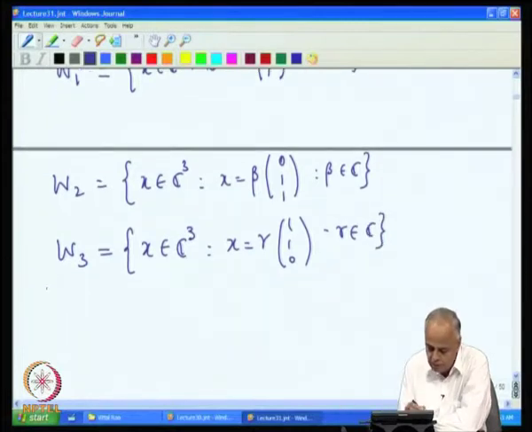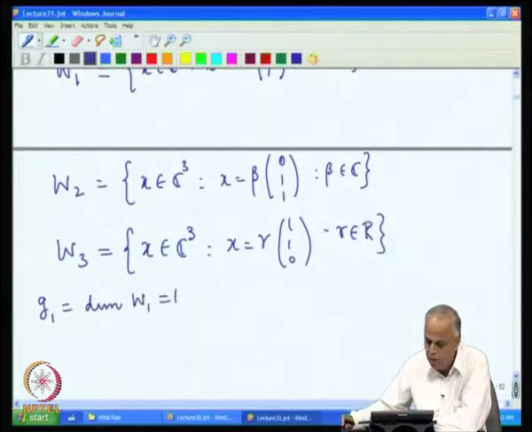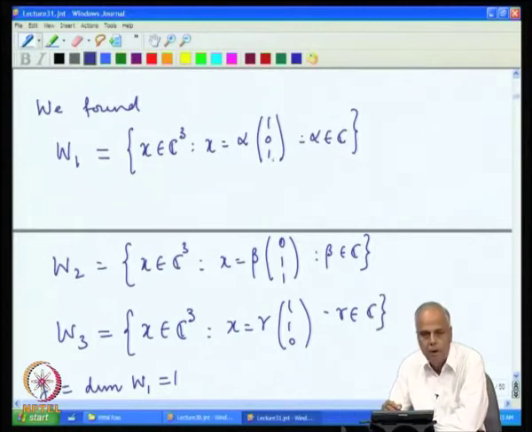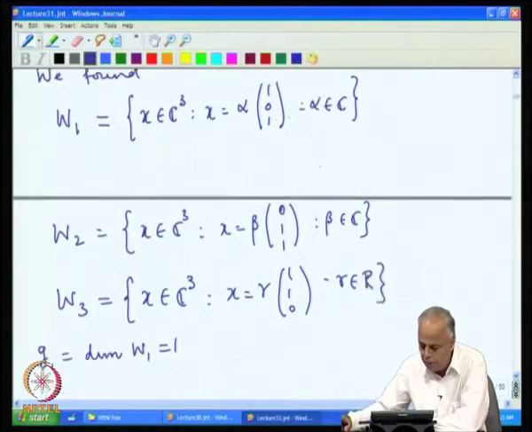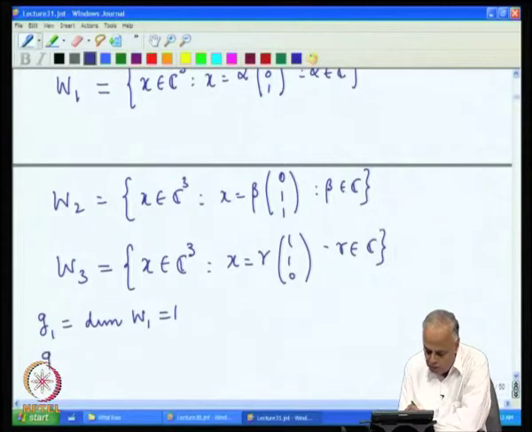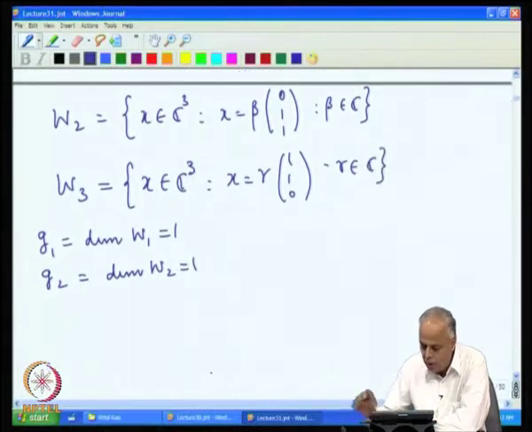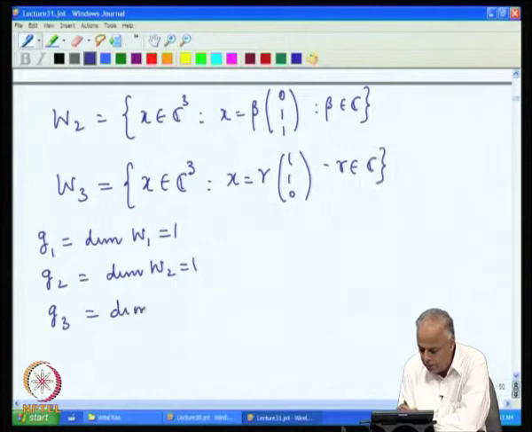Now, in this case we have G 1, which is the dimension of W 1, is 1, because 1 0 1 is a basis for W 1. Similarly, 0 1 1 is a basis for W 2, so the dimension of W 2 is 1. Similarly, 1 1 0 is a basis for W 3, so G 3, the dimension of W 3, is 1.